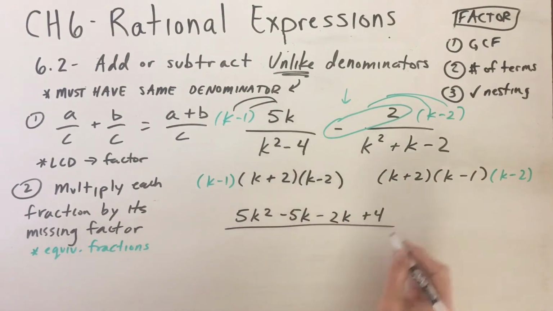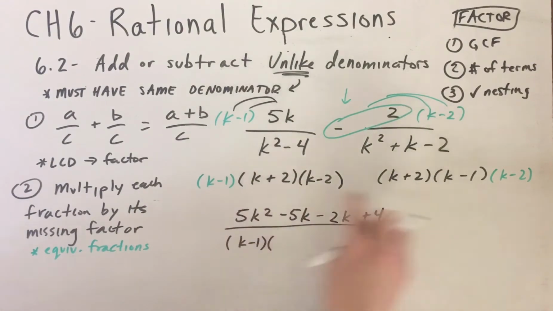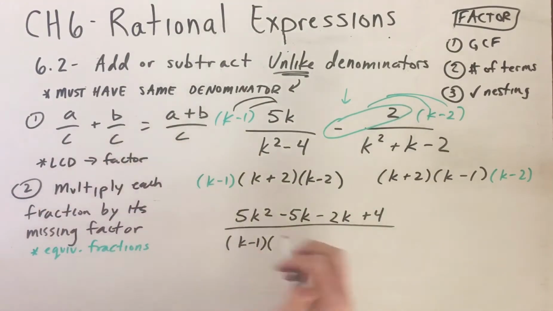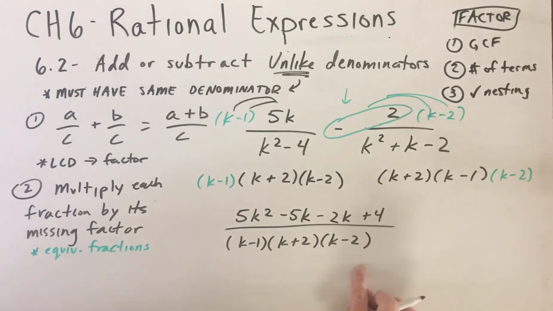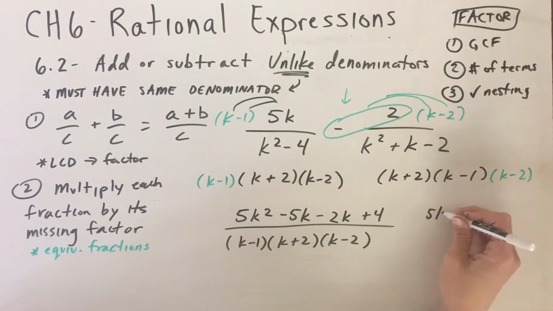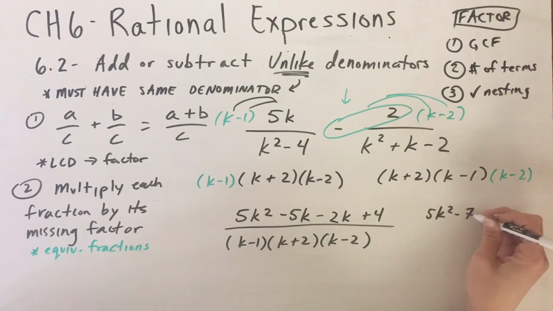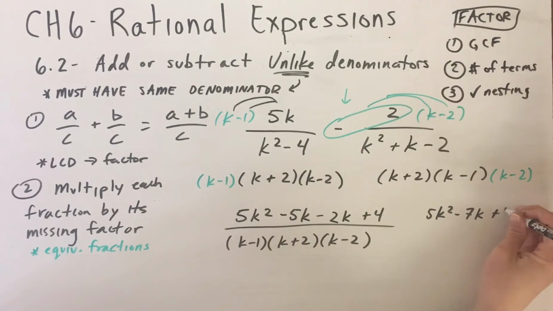What I have on the bottom is the LCD, because both of these now have the same denominator. Now when they have the same, I can write them over it only once. I often skip this bottom step here because I don't like to rewrite multiple times. Now when I simplify this top, I get a 5k squared minus a 7k plus 4.